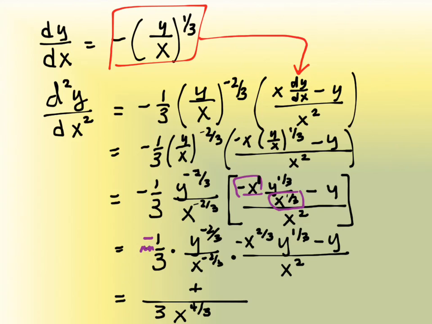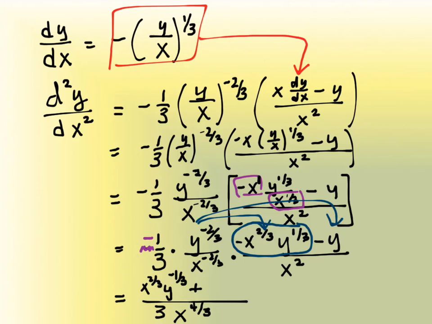But I've got the y to the negative 2/3 that I'm supposed to be multiplying, or distributing, we could say, through each of these, right? We're going to distribute. So if I take the y to the negative 2/3 and distribute it to this piece, then the x to the 2/3 doesn't change. But I've got y to the negative 2/3 times y to the 1/3, which is going to become what? Y to the negative 1/3.